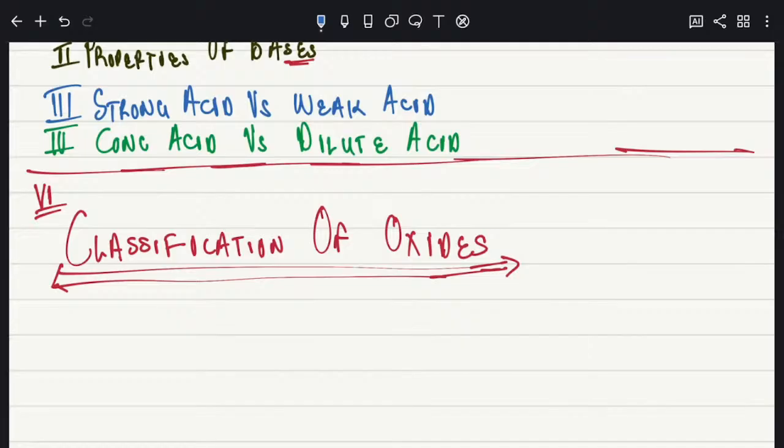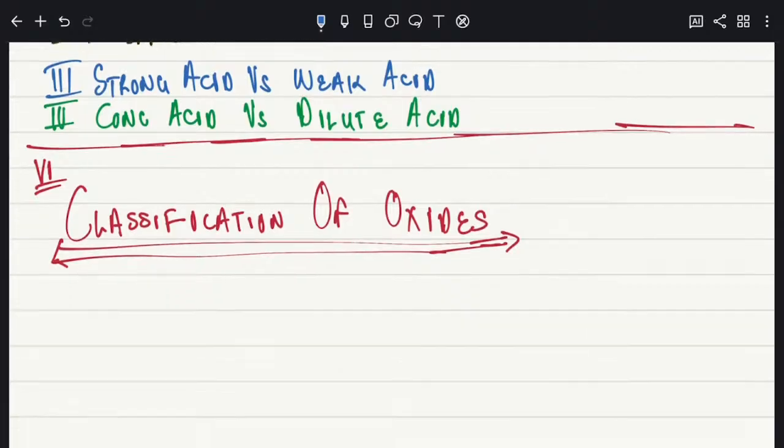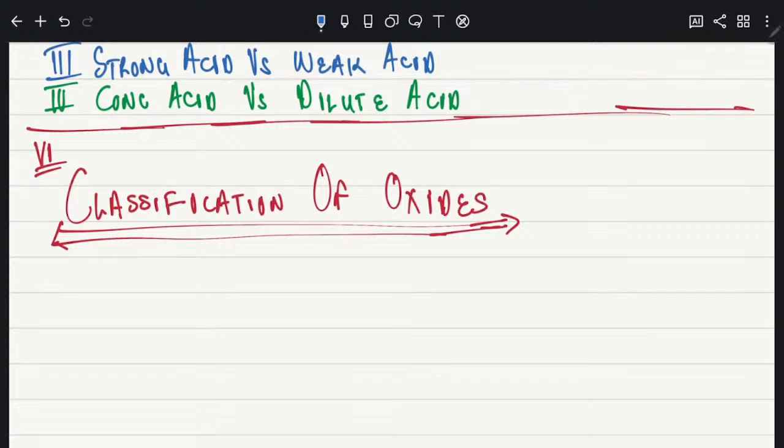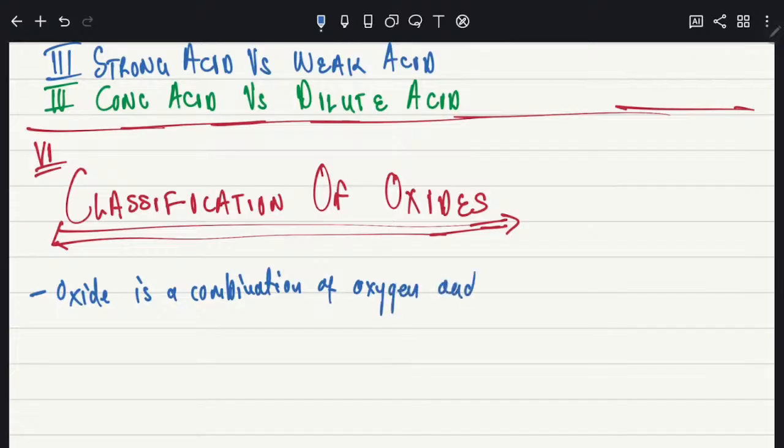What should I know? How to classify oxides, right? An oxide is any combination of oxygen and at least one other element.